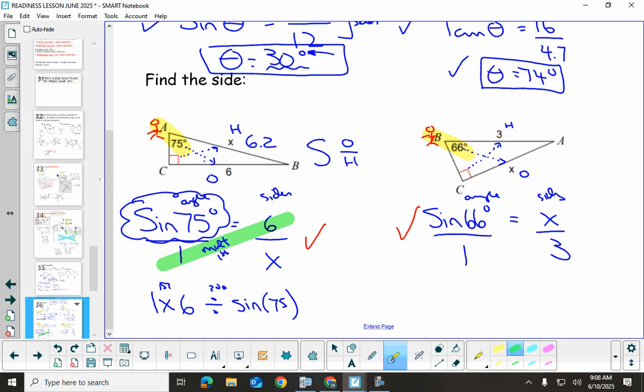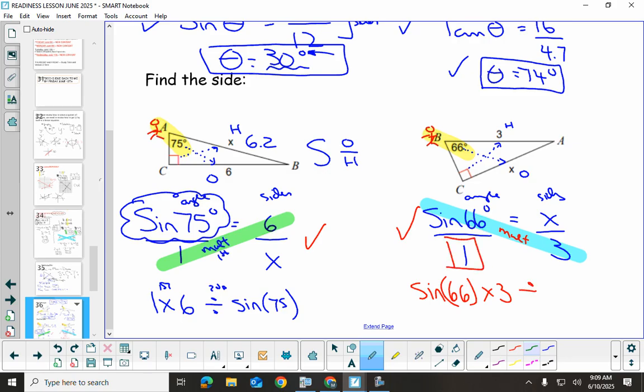Now this time, what way does the diagonal go? Which one does not have the x? That one. The other one has the x. So again, we're going to multiply. Multiply always comes first. So we're going to go sine 66 times 3. Then we do the divide by 1.